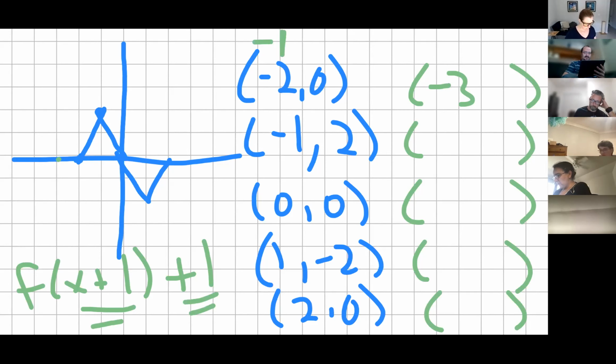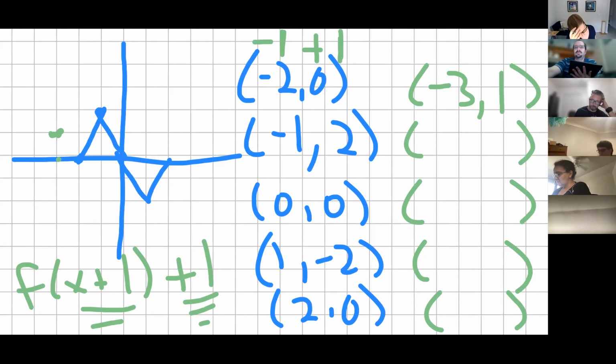And then what does this +1 do out here? It's going to move it up 1, which moves my y value up 1. So I believe we're adding 1. So the first -2, 0 becomes -3, 1. And -1, 2.